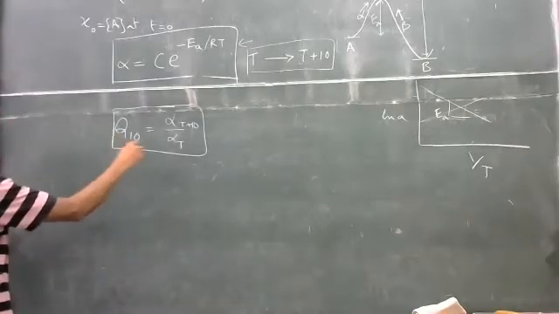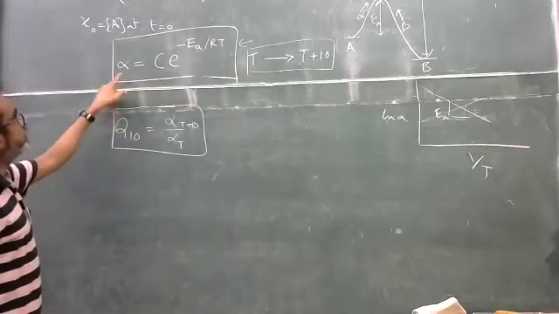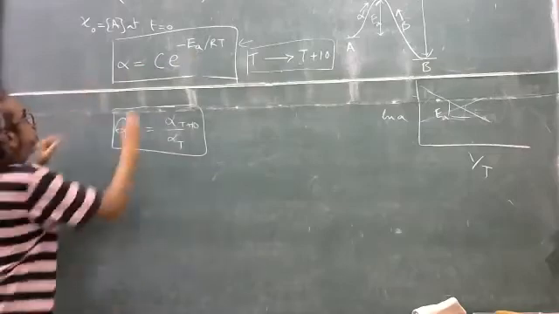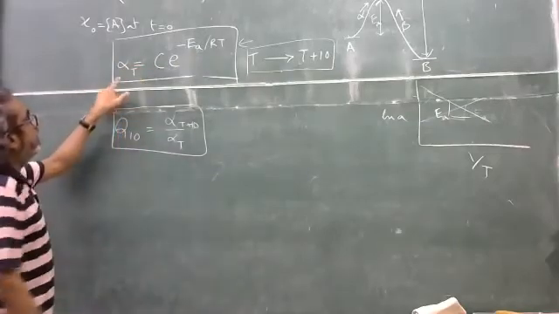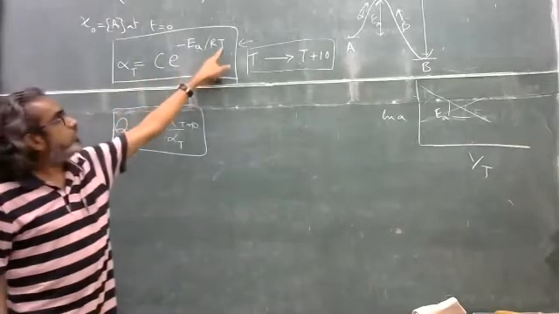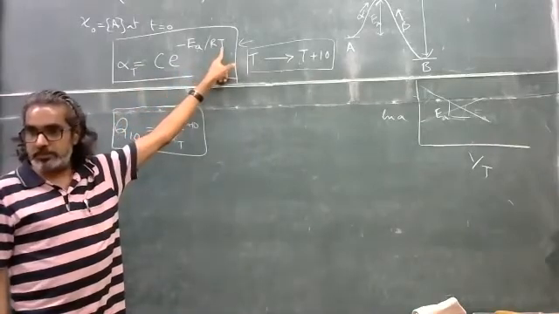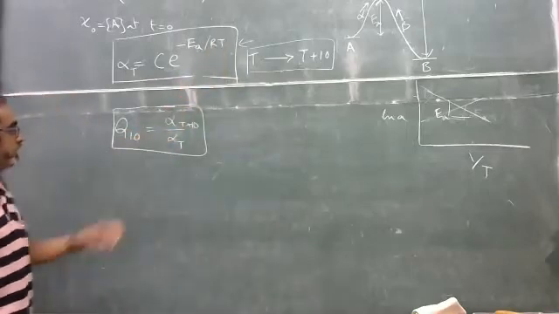You can derive this by simply substituting: you write alpha at T, and alpha at T plus 10, where you literally substitute T with T plus 10, and then you find the ratio.